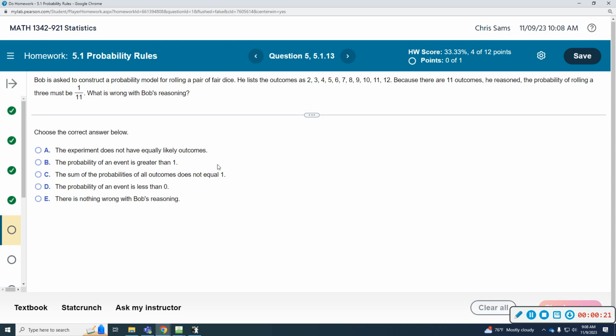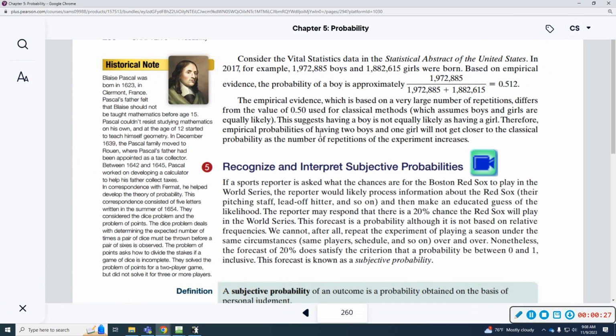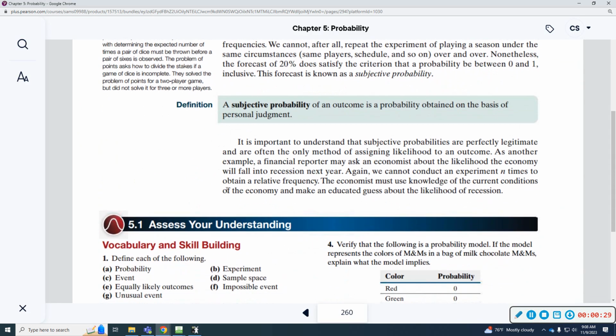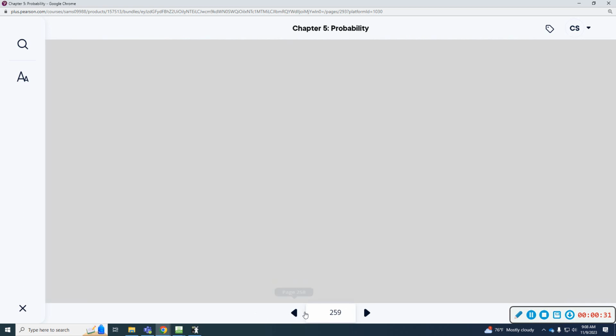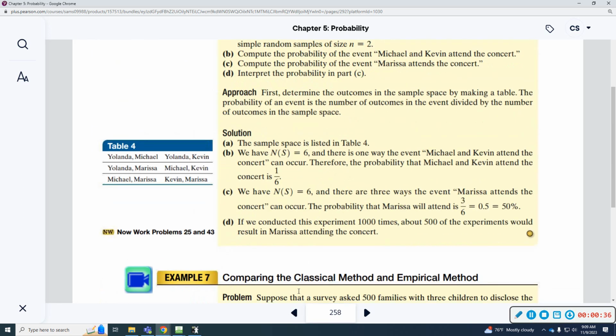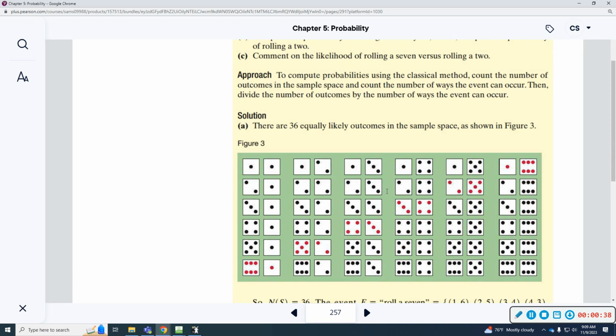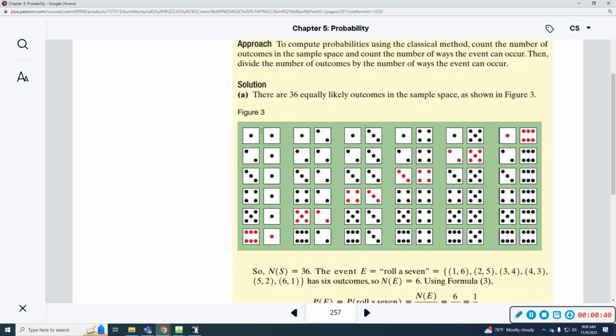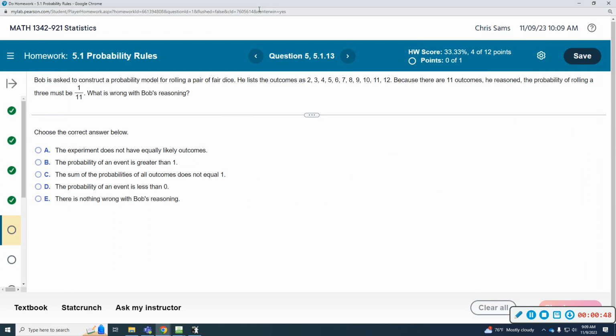Okay, so in case you're not familiar with what's going on here, this is similar to the problem that we saw in the textbook, so I'm going to go to the internet and show you. So here is a sample space of rolling a pair of dice. There's 36 outcomes.